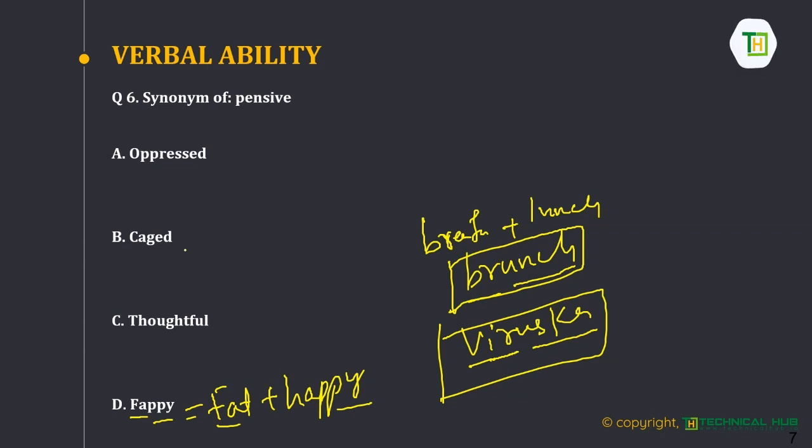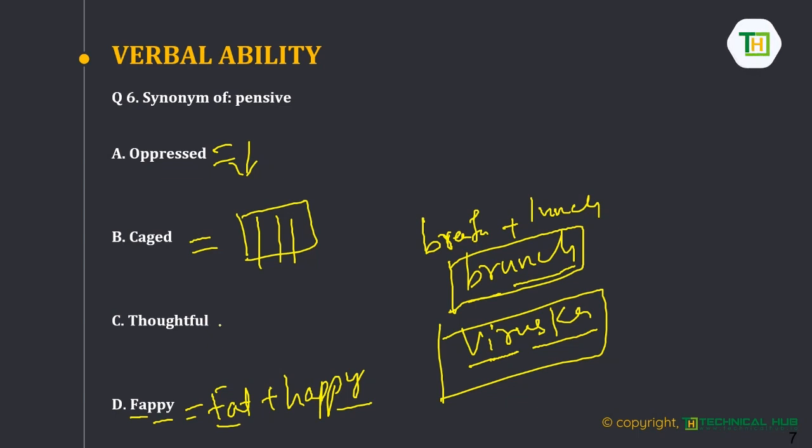So now caged. What's the meaning of caged? It means they kept in jail, or we usually keep in a cage. Lions and all we keep in the cage. That is closed. Okay. And oppressed is all about suppressing, you know, keeping someone under pressure.